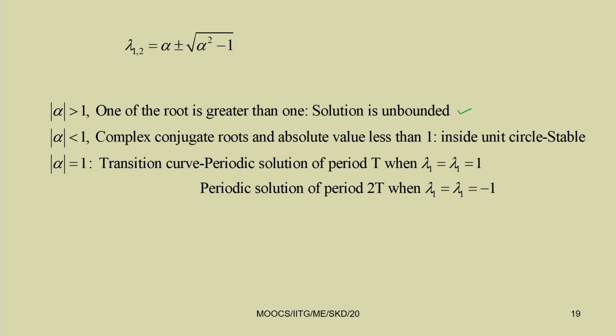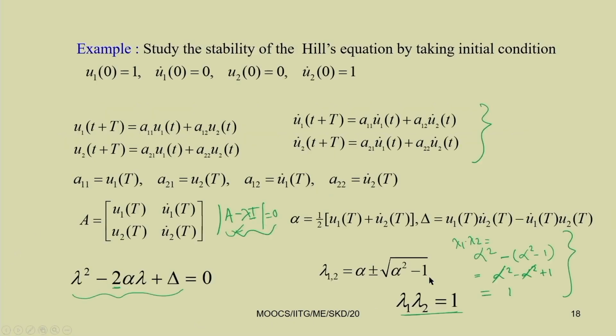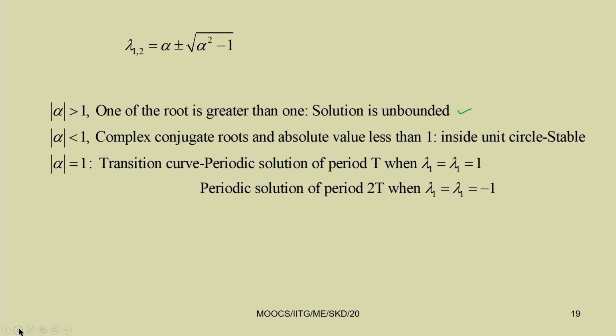So the system, or the periodic solution, will be stable. But if alpha equals 1, then the root of alpha square minus 1 equals 0. So we have 2 real roots, that is, equal roots. That is, lambda 1 equals lambda 2, which can be either 1 or minus 1.